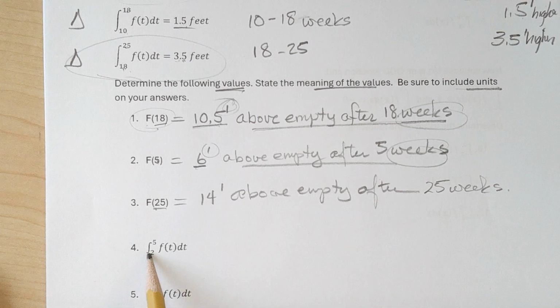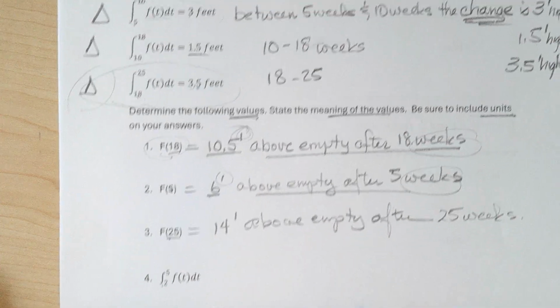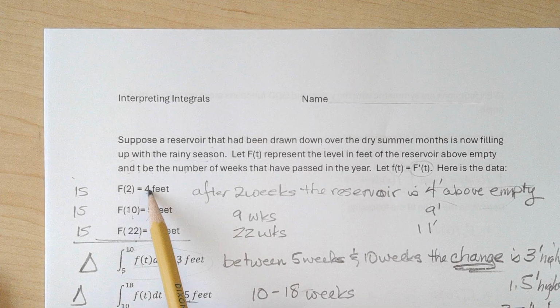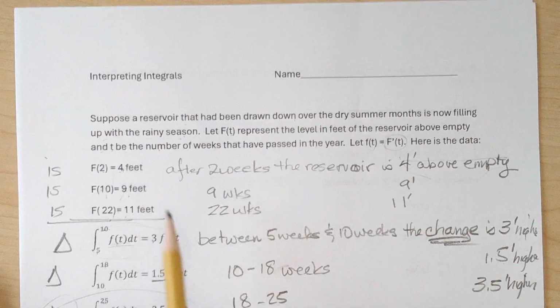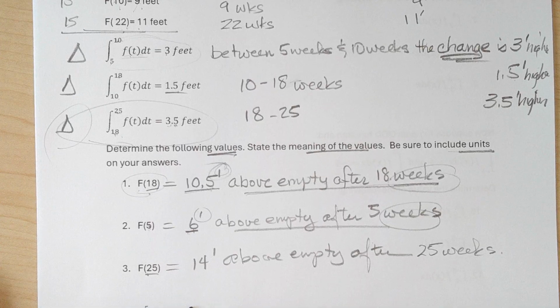Okay, this is an integral. Integrals are changes. How much did the water level change between 2 weeks and 5 weeks? Well, at 2 weeks it was at 4. At 5 weeks it was at 6. So it went from 4 to 6, it changed 2 feet.